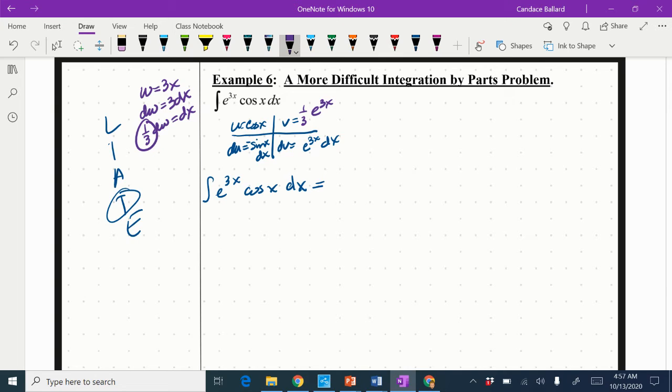All right, so let's do our uv. So u is going to be cosine x. v is going to be, I've already got it purple, so 1/3 e to the 3x, which I could have put in front if I had wanted to. And then we're going to go minus the integral of, and it is the v again, so 1/3 e to the 3x.